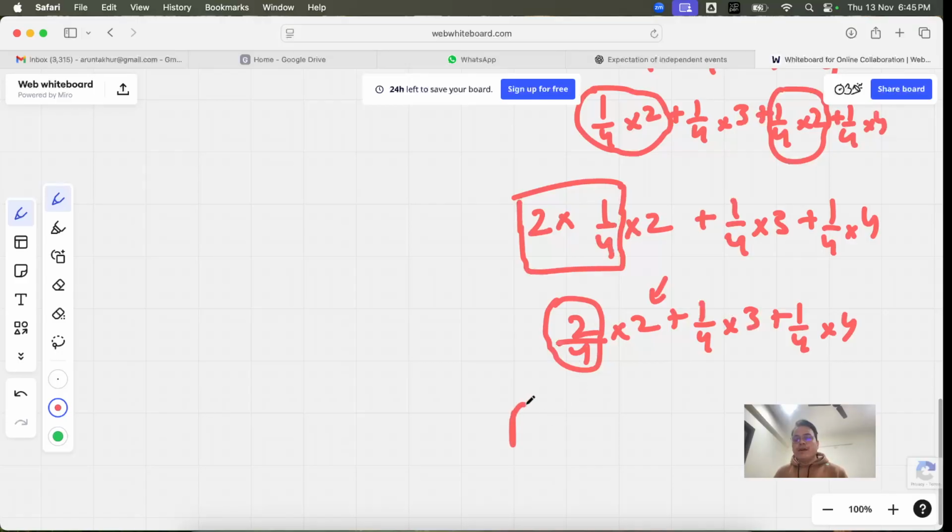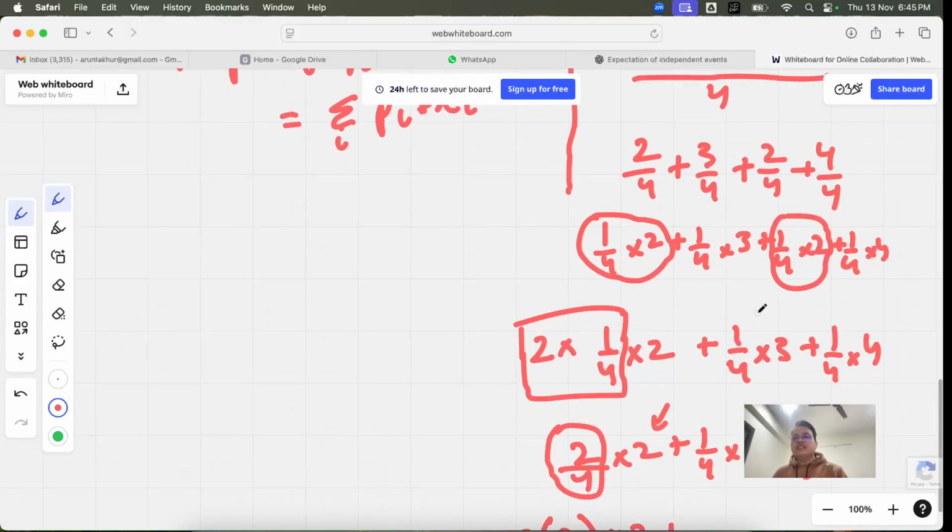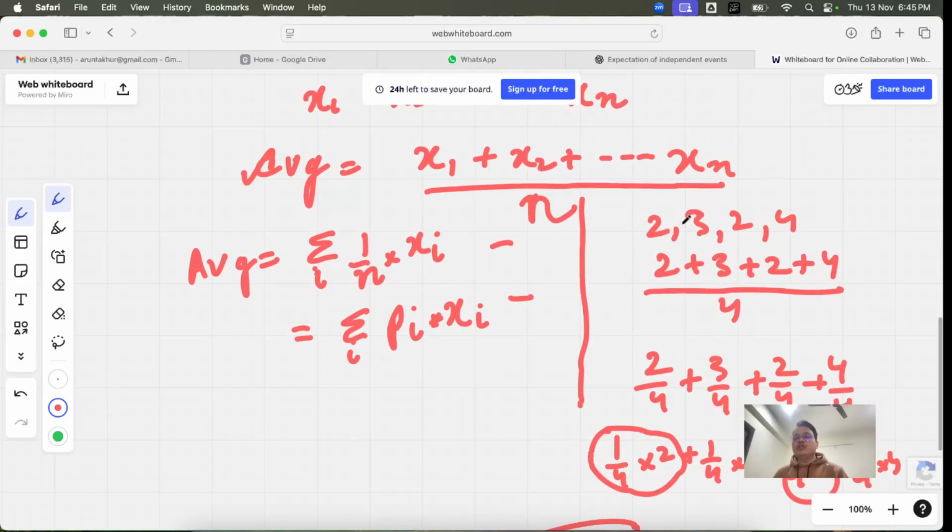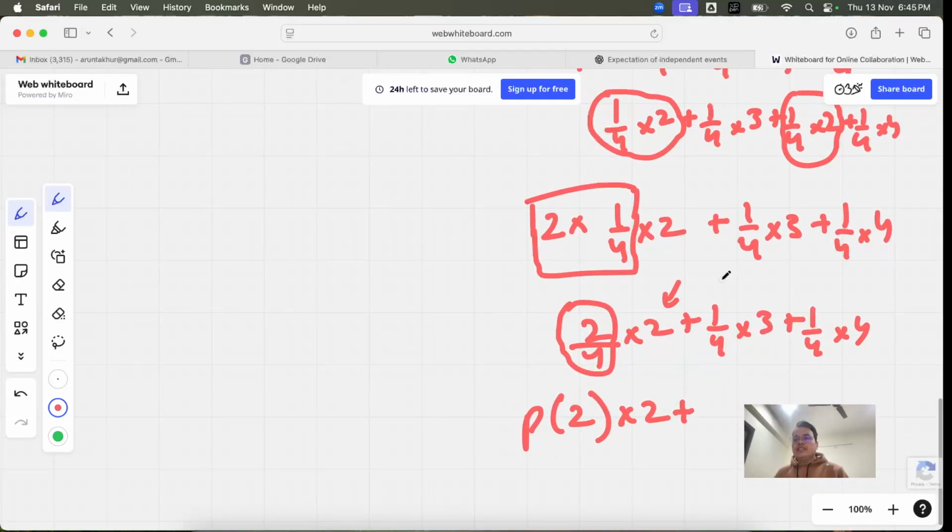So I write the probability of seeing 2 into 2, plus the probability of seeing 3, because 3 has appeared only once, into 3, plus the probability of seeing 4 multiplied by 4.